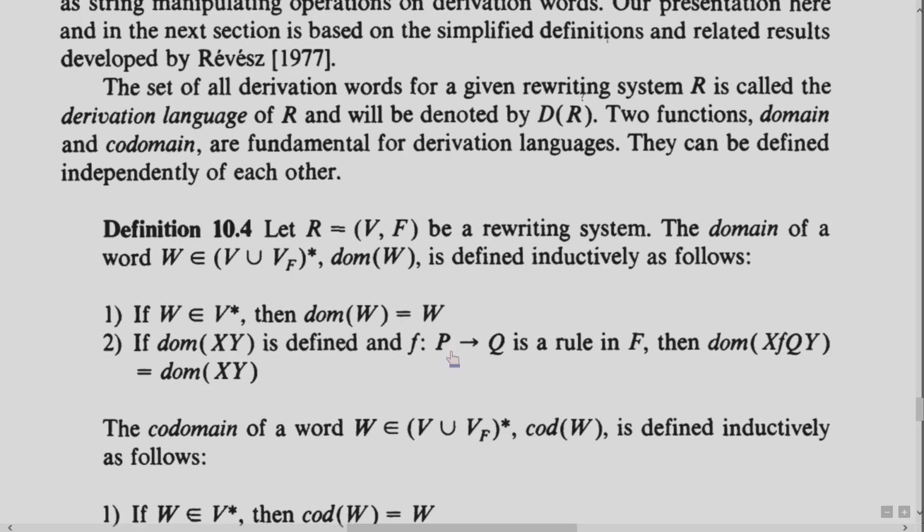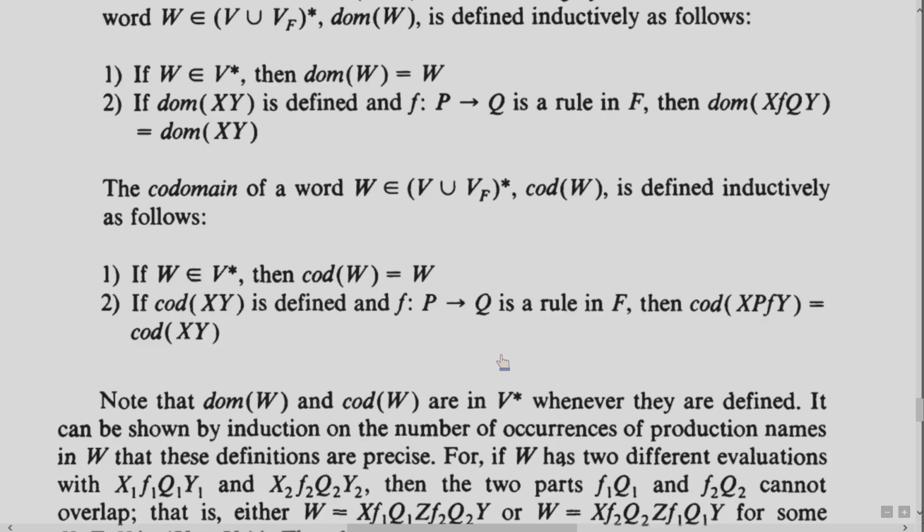This gives you the domain, but it should follow the conditions: the domain of XPY should exist, and secondly P to Q should be a production in the production rules set. So finding the domain of any string having no production rule is very simple. It's the word itself, and in case F is also involved, then it is XPY, provided the domain of XPY exists, number one, and number two, there should be a production rule P to Q.